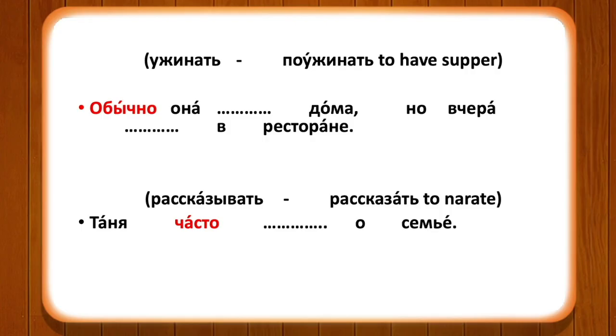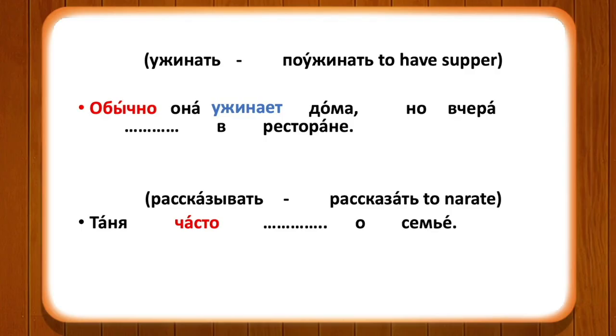To denote a regular or a habitual action, we use the verb of imperfective aspect. So in the first blank, we will be using the verb ужинать because it is indicating a habitual action. So обычно она dash дома. The verb used will be ужинать, which will be conjugated according to the pronoun она. So обычно она ужинает дома.